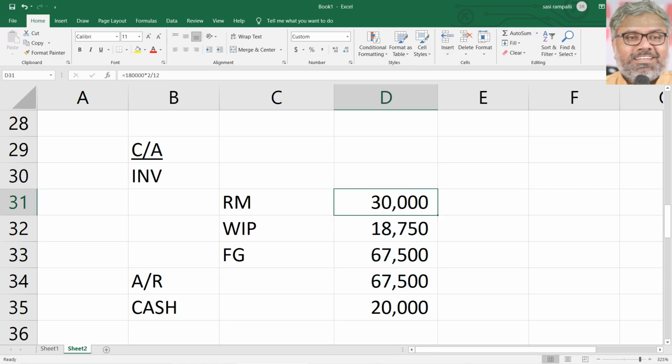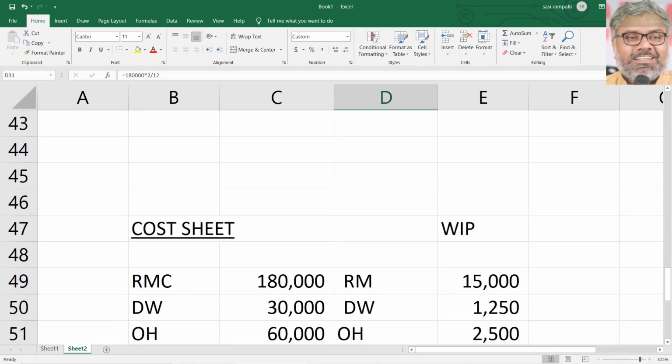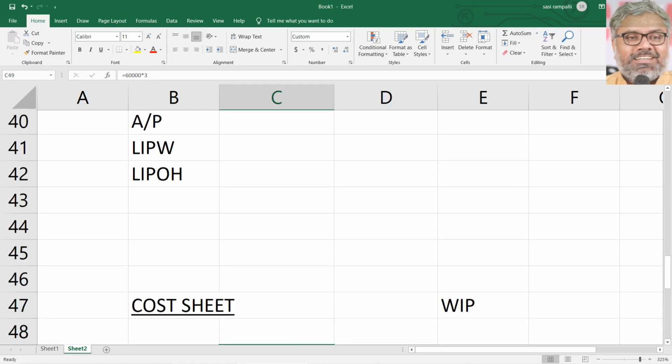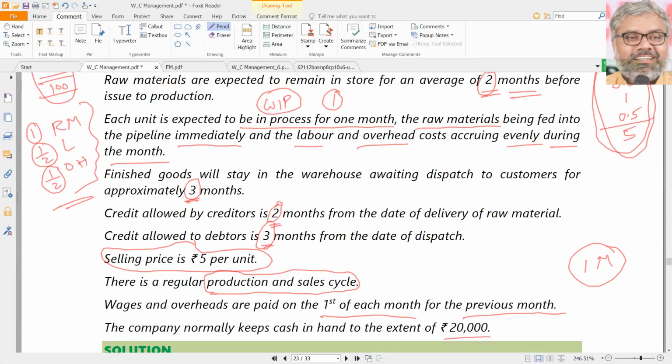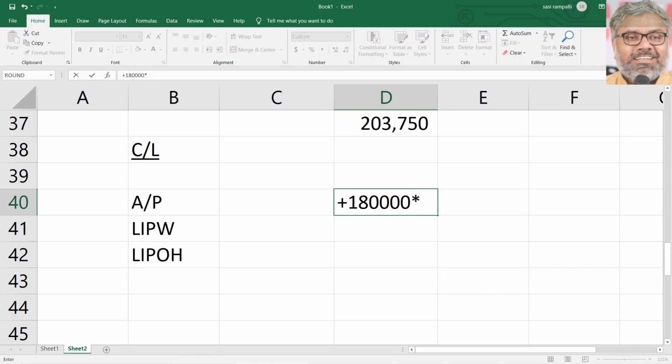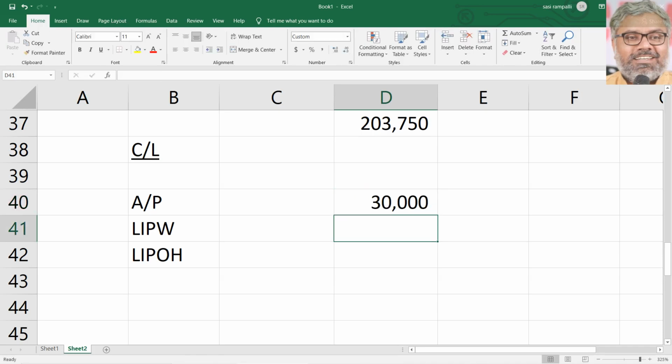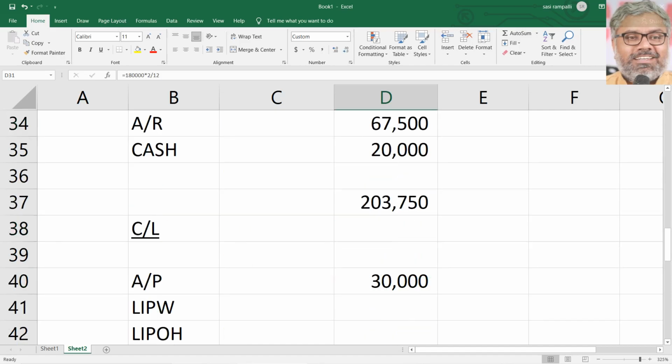So raw material consumption itself will be raw material purchase also. Raw material consumption is 1,80,000, so 1,80,000 itself is the purchase also. Credit allowed by creditors is 2 months, so into 2 by 12. Incidentally, the raw material stock is also 2 months, so the raw material stock and accounts payable are the same. Don't think they will always be the same.